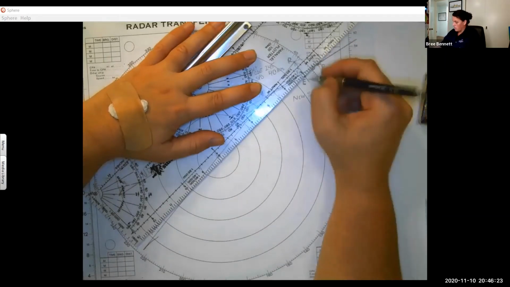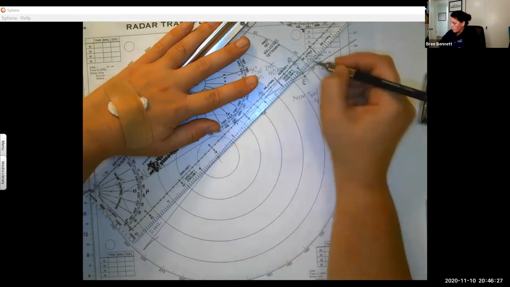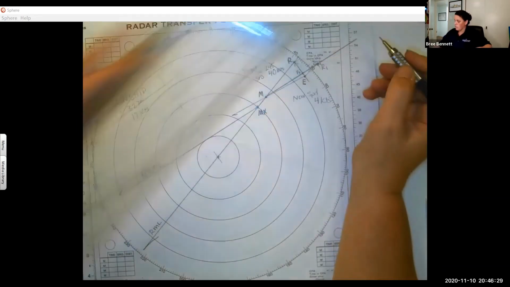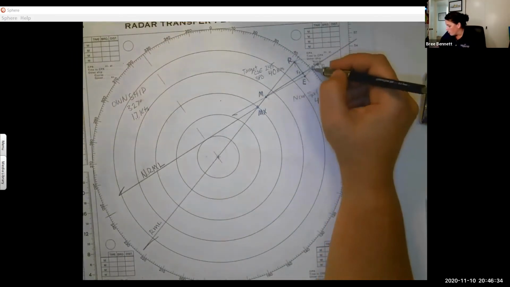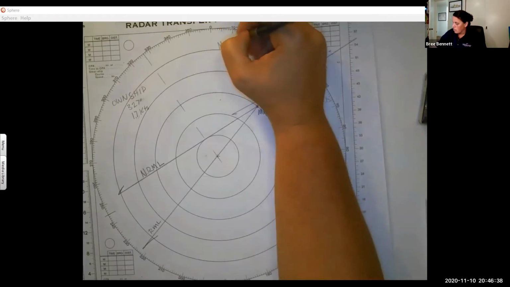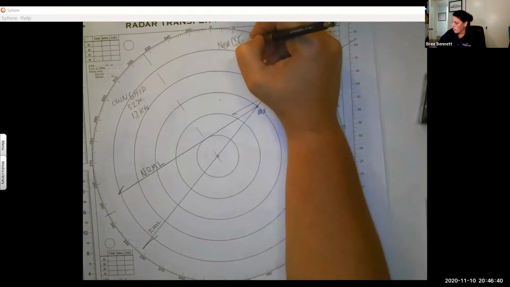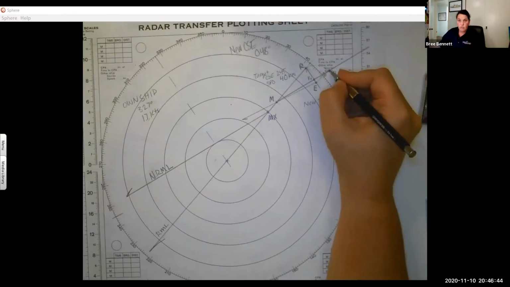Right, I just connected those dots, and then I bring it to the center so I can read what actual change of course that is. So that was 0.48. So if I do a new course, it's 0.48. And this is my new R.